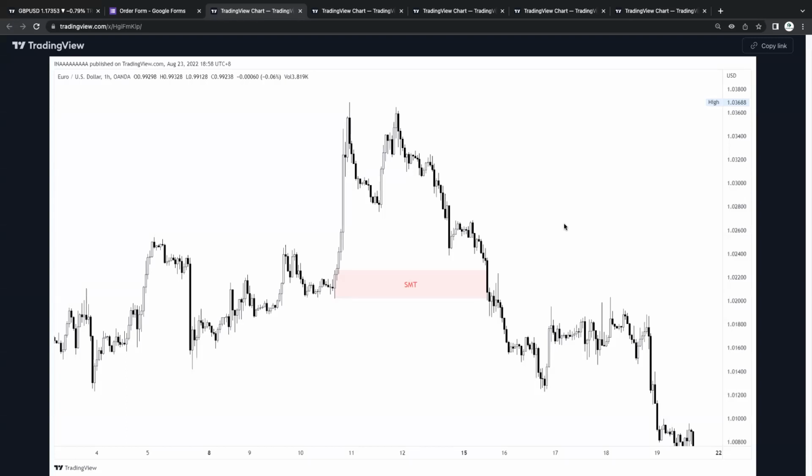Order block is just additional confidence for the buy and sell. Correct. Okay, now let's switch into another one.